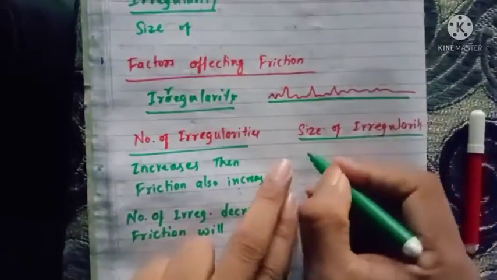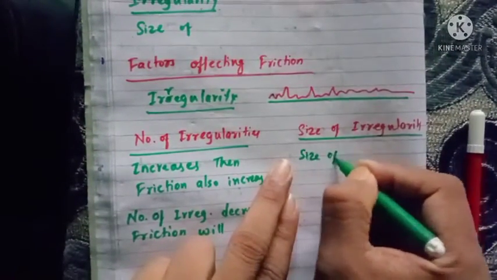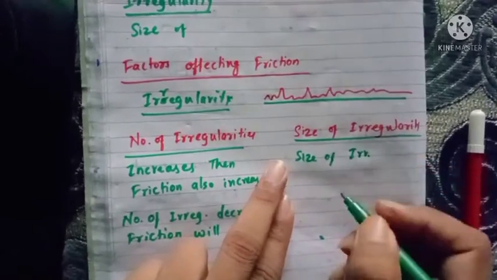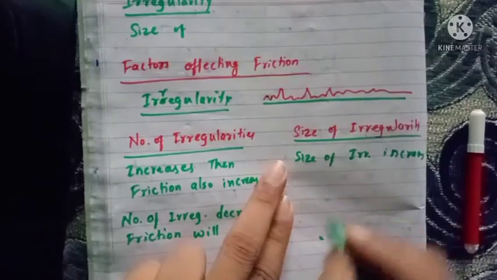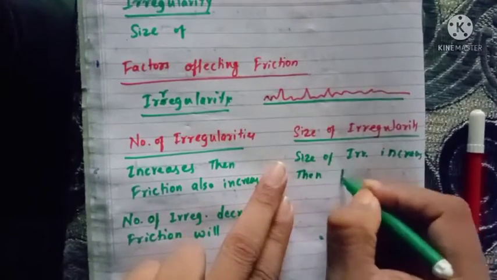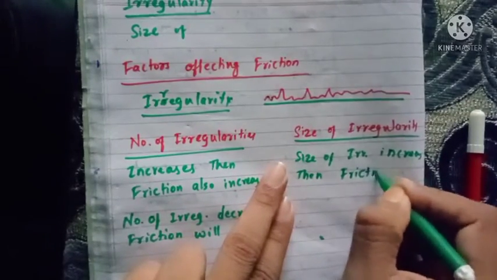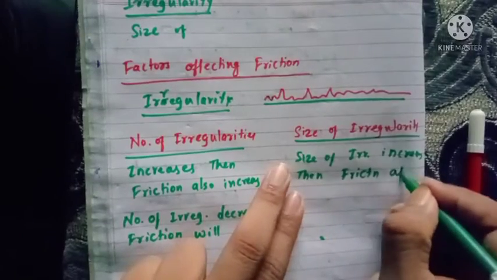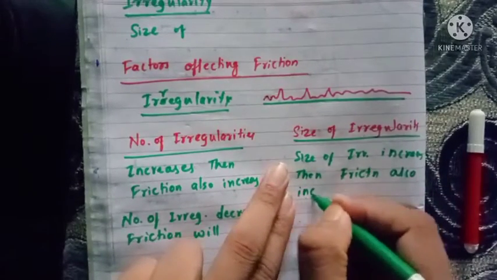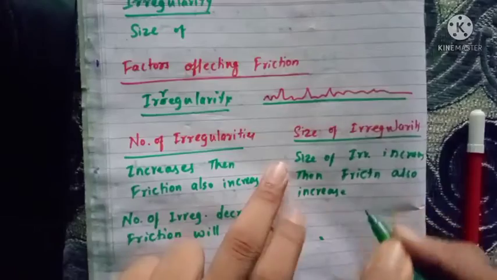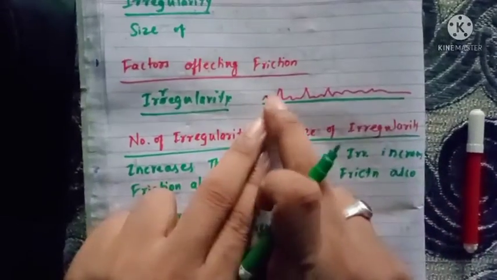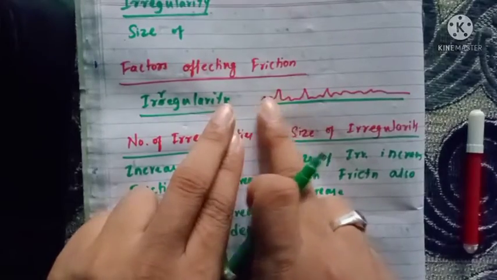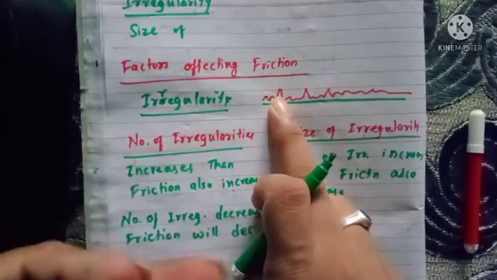So if the size of irregularity increases, ದೊಡ್ಡದಾಗ್ತಾ ಹೋದರೆ, then friction also increases. ಸೈಜ್ ಇನ್ಕ್ರೀಸ್ ಆದರೆ, ನೋಡಿ ಇಲ್ಲಿ ಒಂದು ದೊಡ್ಡದಿದೆ, ಸೊ ಇಲ್ಲಿ ಯಾವ್ದಾದ್ರು ಗಾಡಿ ಬಂದರೆ ಅಲ್ಲಿ ಫ್ರಿಕ್ಷನ್ ಜಾಸ್ತಿ ಇರುತ್ತೆ.